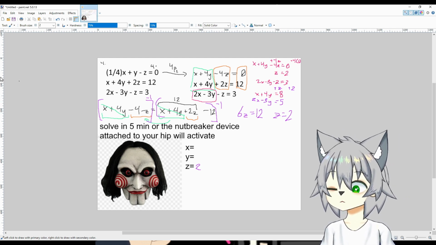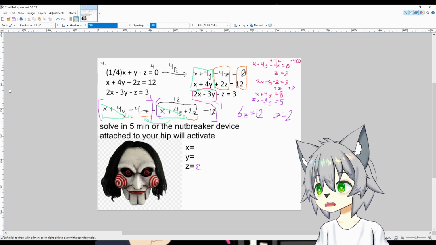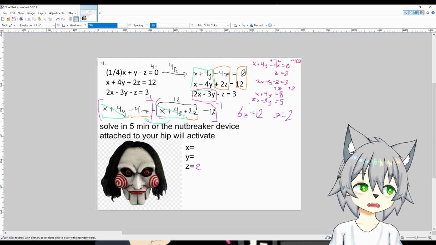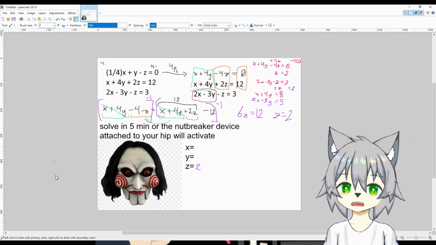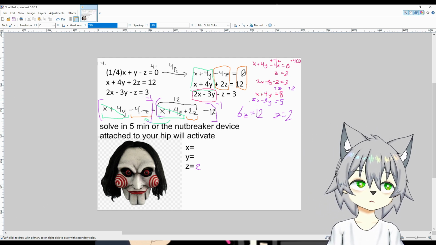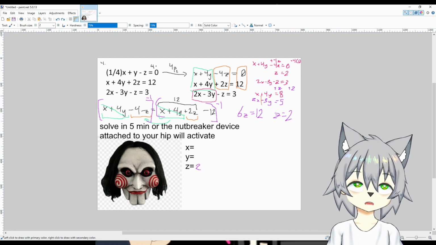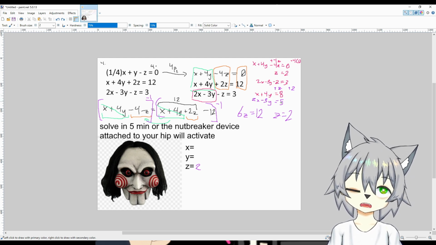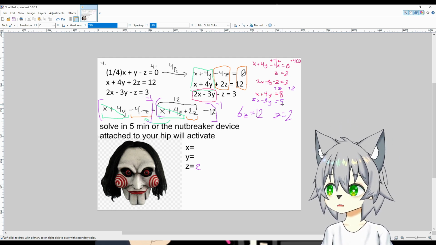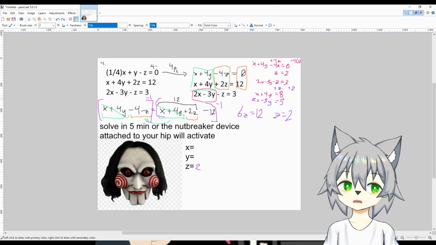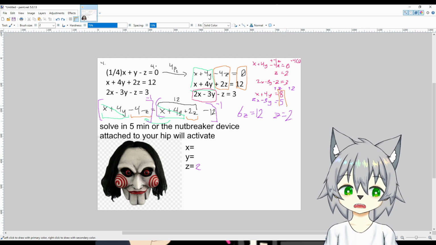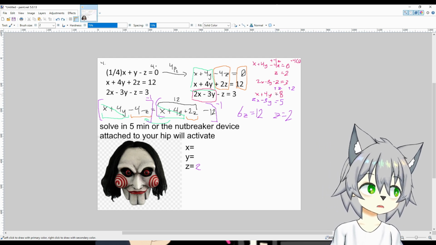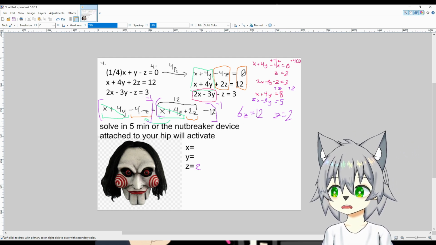Now, you might have noticed that these two don't equal each other. That's a bit odd. These two don't equal each other, and neither do these, because it's 4 and 3, 1 and 2, and 8 and 5. If these two were the same numbers, I think that might be a bit hard to solve.